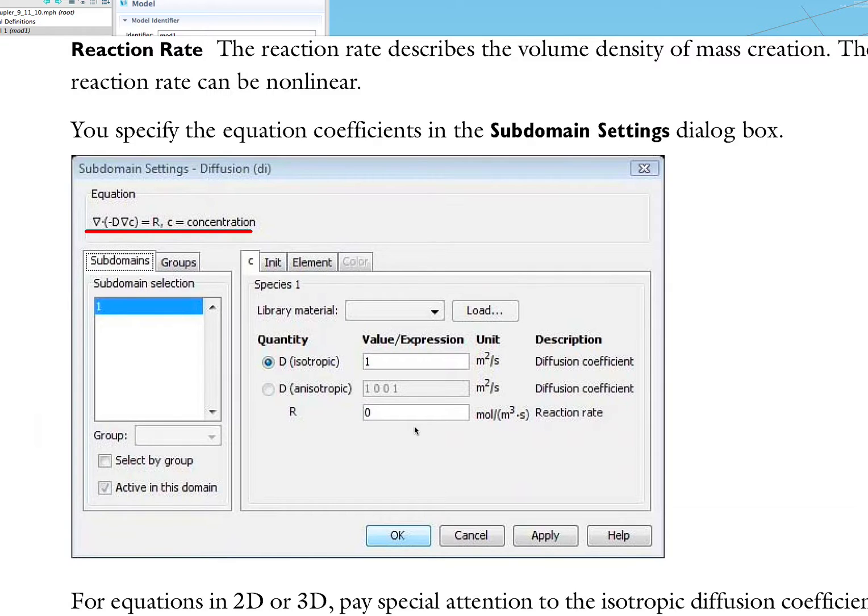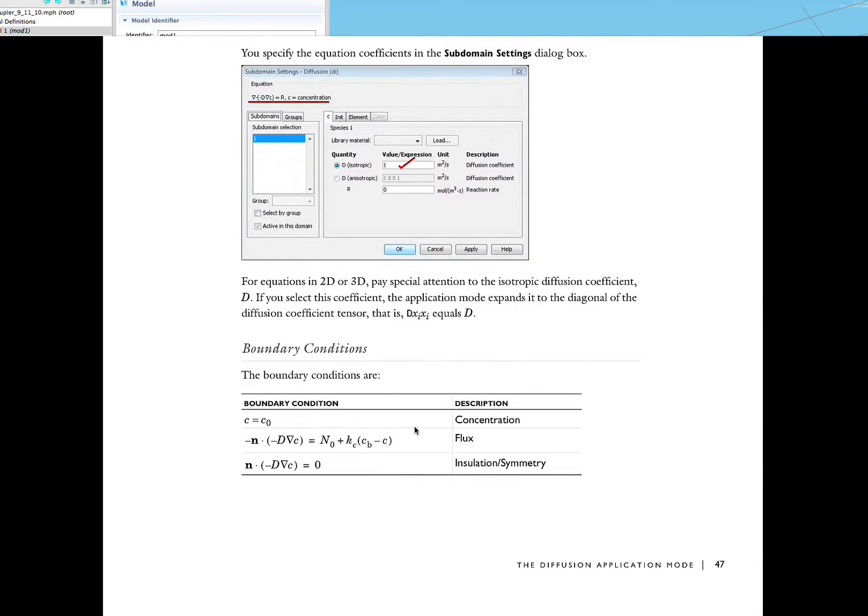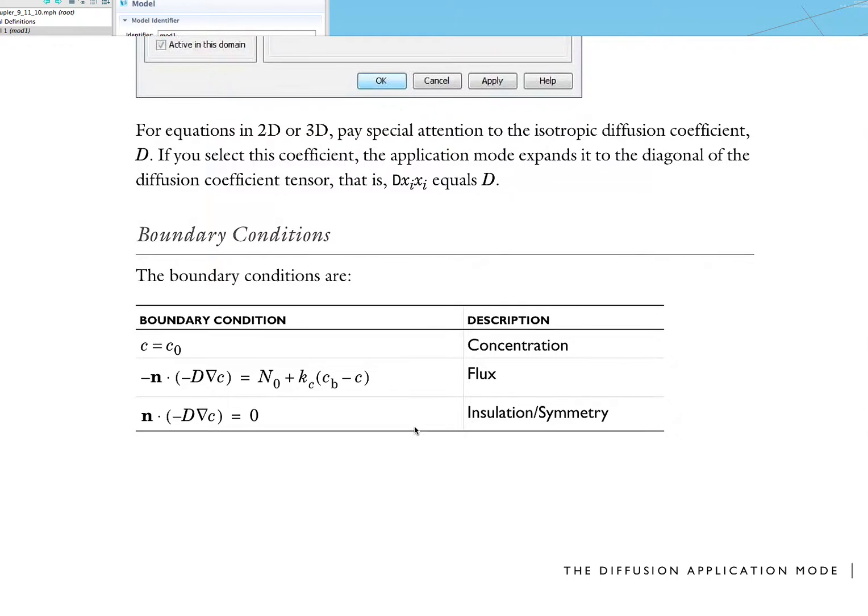So it's a very simple equation, and you will specify the diffusion coefficient in this box. If it is anisotropic, then you can put it in different directions, but if it is isotropic, you apply it here. So that is done, and then you have to worry about the boundary conditions.